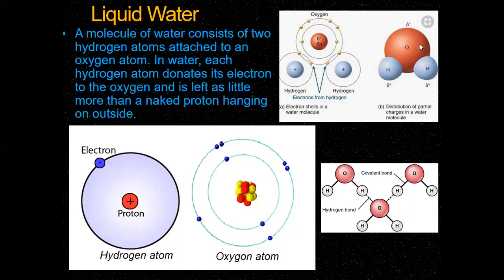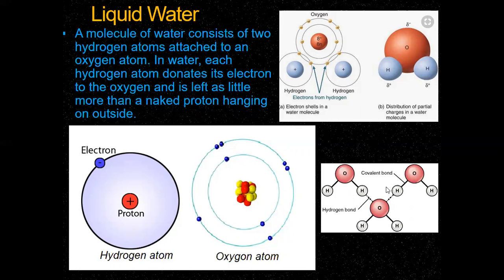On the oxygen atom we see a net negative charge, and on hydrogen a net positive charge, which makes it easy to form chains with other hydrogen and oxygen atoms. These bonds are called covalent bonds or hydrogen bonds.